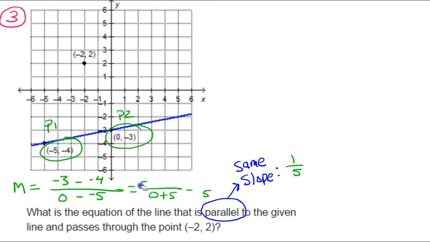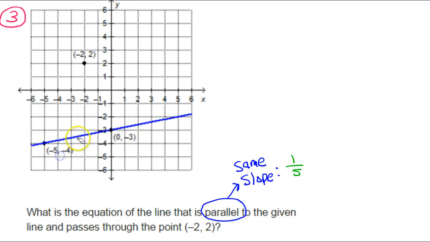Now, in my opinion, there's an easier way to find the slope when they're kind enough to give us a graph like this. Just do rise over run. As I travel from one point to another, you go up 1 and over 5. So there's your slope of 1/5.